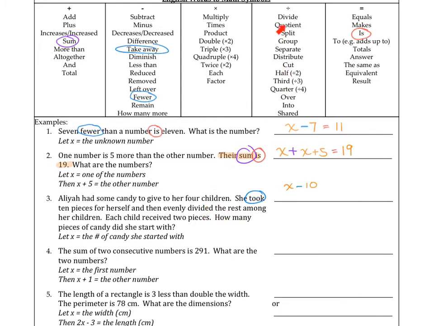So of course divided by is the division. So that's going to be divided by, and she has 4 children. So we're going to be dividing that by 4. And the result in this case is going to be that each child receives 2 pieces. So that's going to be equal to 2.